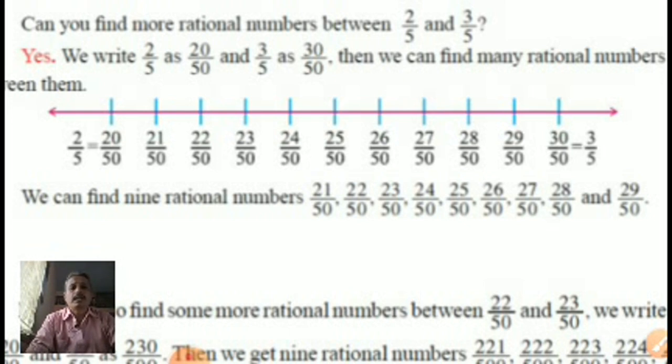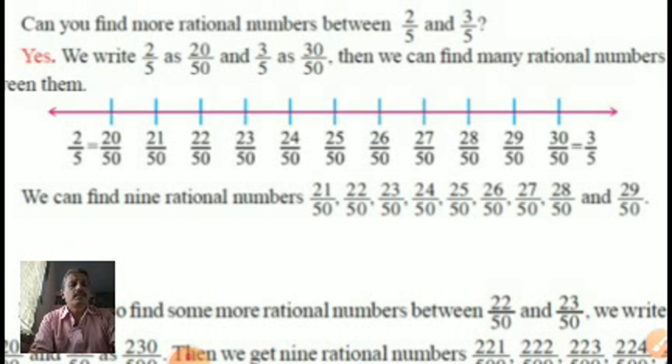Because I multiply 10 with 2 and 10 with 5. The value remains the same. In the same way, 3 upon 5 can also be written as 30 upon 50. Why? Because I want to make both numbers such that I can find numbers in between. As per our knowledge, between 2 and 3 there are no numbers lying.